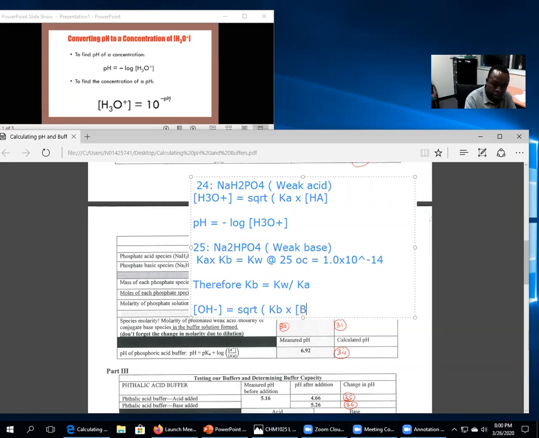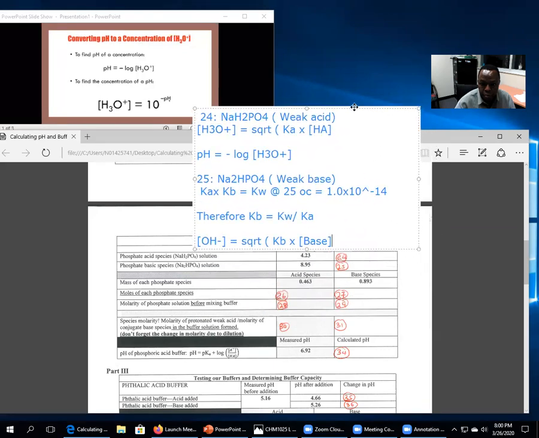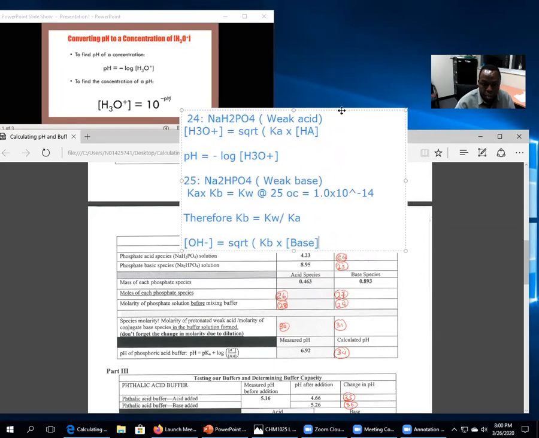How will you find the concentration of the base? We did it earlier. If you know the concentration of the base here, the molarity of phosphate, P4 mixing, you should have the value from line number 29 here. You put everything under the square root. It will give you the concentration of hydroxide.